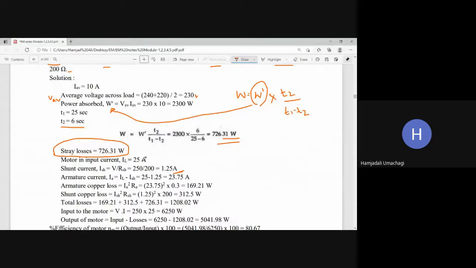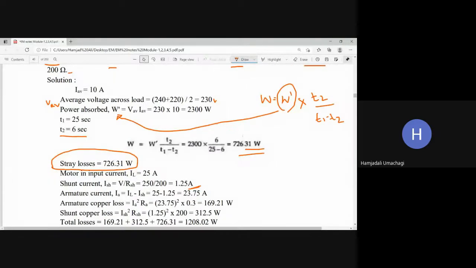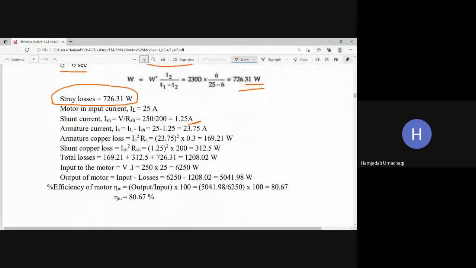IL is 25 and field current is 1.25. So 25 minus 1.25 is 23.75 ampere. This is the full load armature current value.